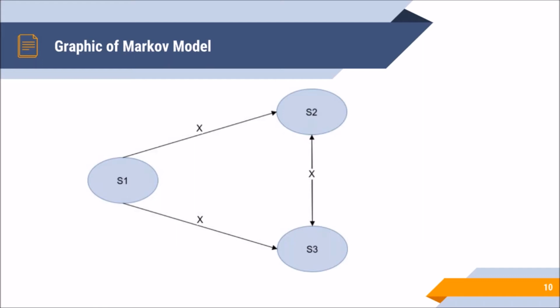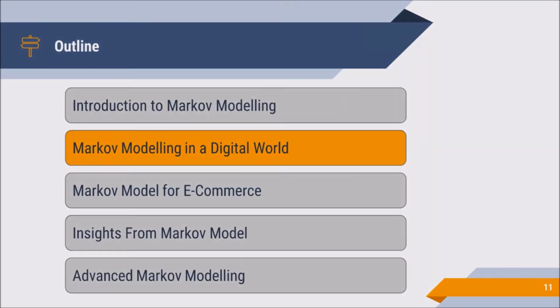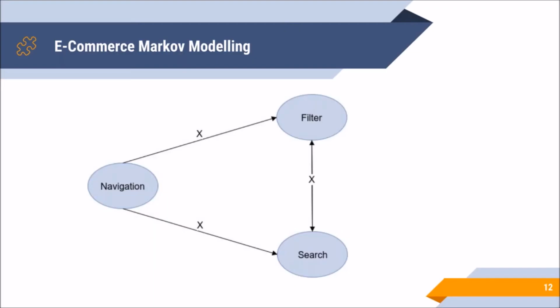Now that's enough of the theory of nodes, edges, and rate parameters. Let's try to fit this model into the context of digital analytics or digital marketing. How can it fit into our world of digital marketing? Let's understand with the help of use cases. For an e-commerce store, the features or the states of the system can be navigation, filter, search, delivery checker, and many more.